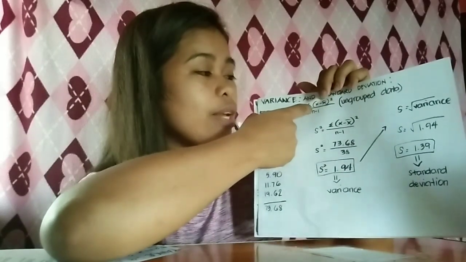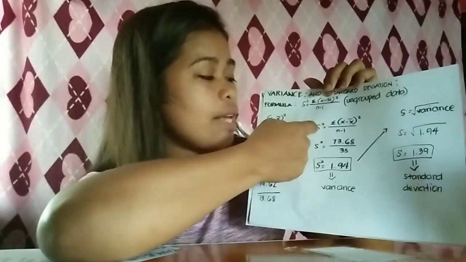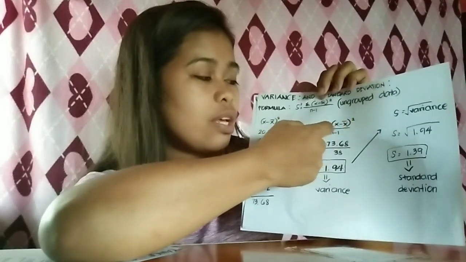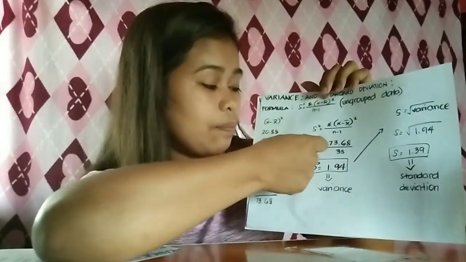Okay, next. Kapihon ta aton yung formula sa ungrouped data. S squared is equals to summation of quantity of x minus mean squared over n minus 1.